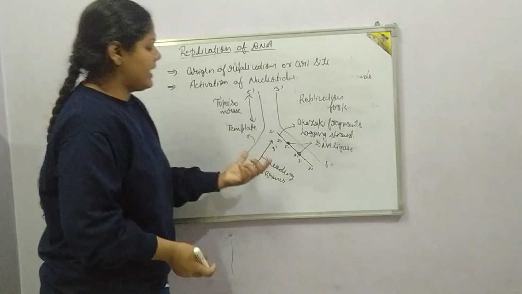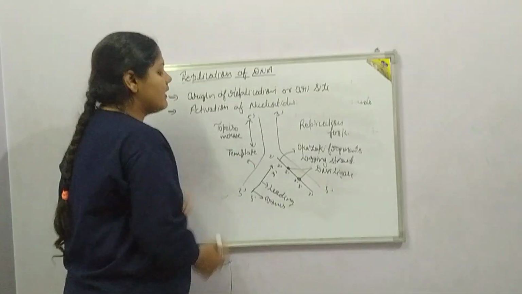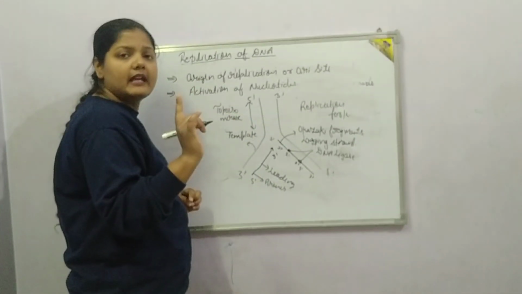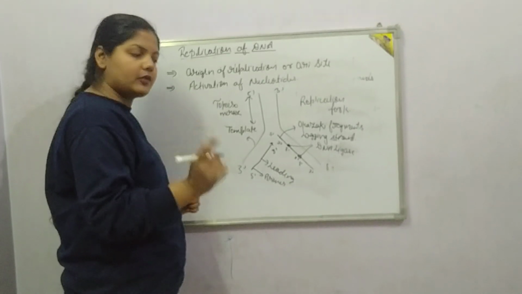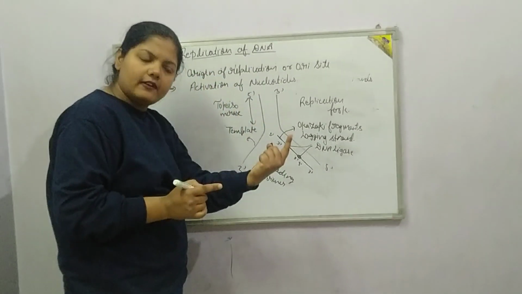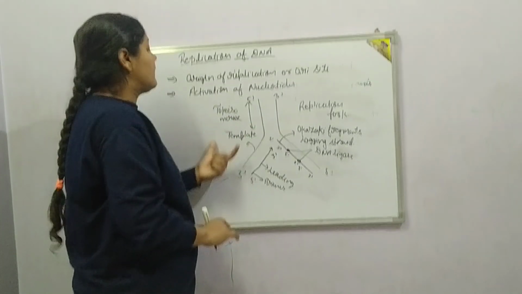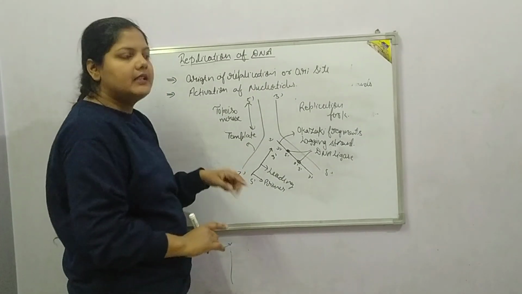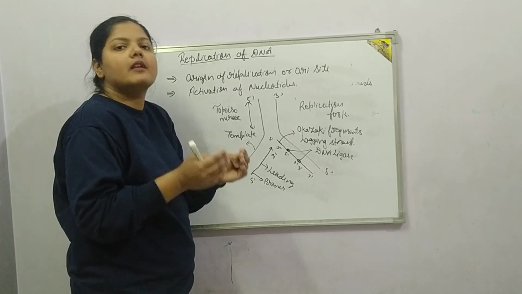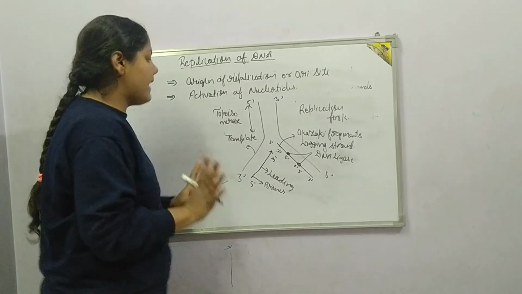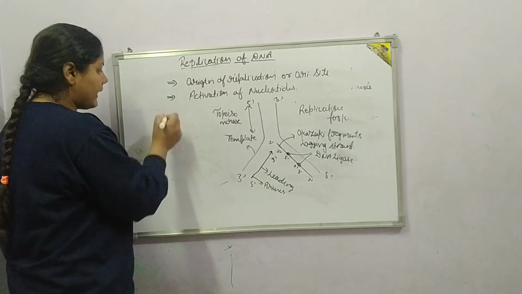Now both the strands will get separated, and in each DNA molecule one old strand will be there and one newly synthesized strand will be there. That means DNA replication is semi-conservative in nature. Try to understand what I am saying.